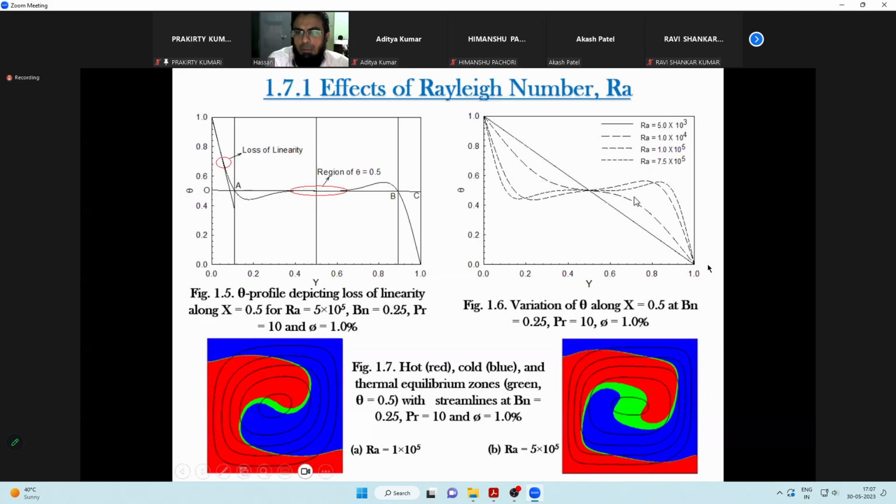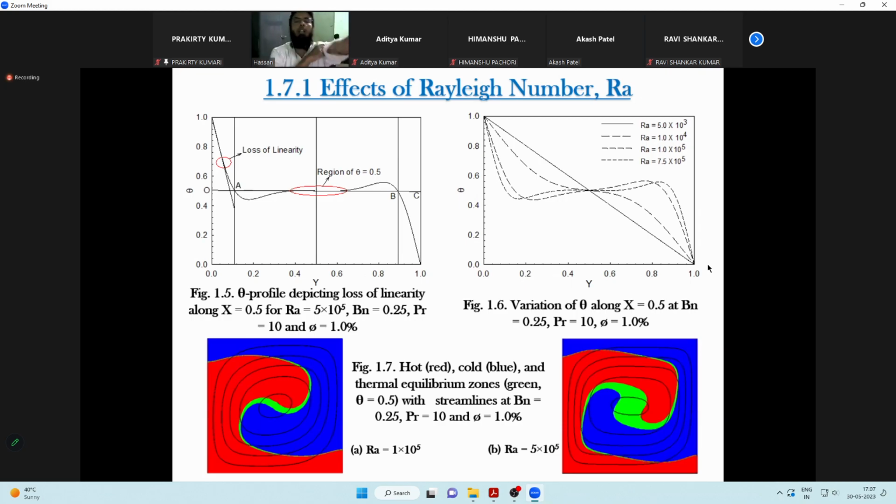Yeah, this one. Okay, this is how, my dear friend, this non-linearity has been represented. The same is graphically represented in figure 1.7, where hot and cold fluids are represented in red and blue color.